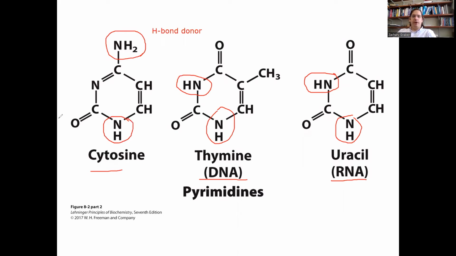When we look for hydrogen bond acceptors, we see, again, mostly carbonyls being added on to create hydrogen bond acceptors, although we do also have a nitrogen on our cytosine that can act as a hydrogen bond acceptor, but not a donor, because it has that double bond instead of the hydrogen.